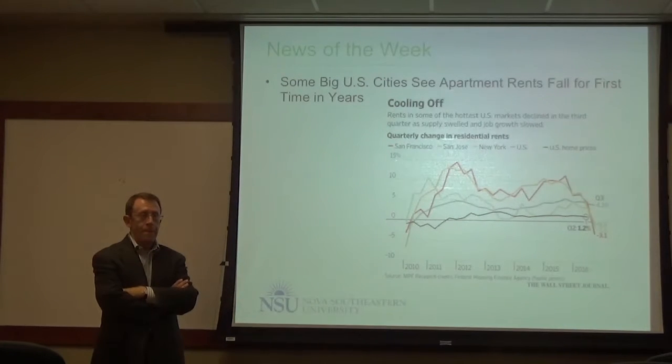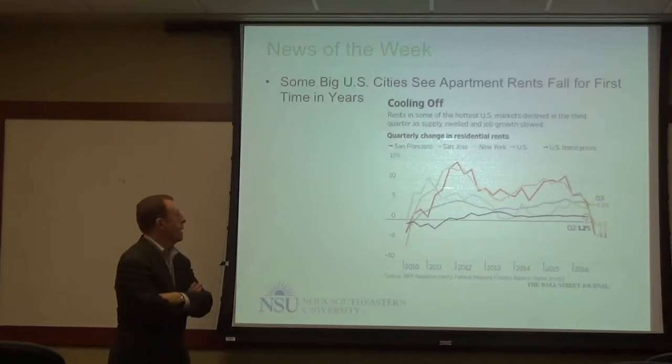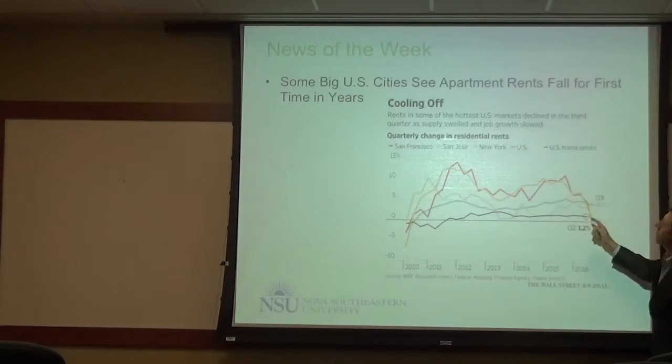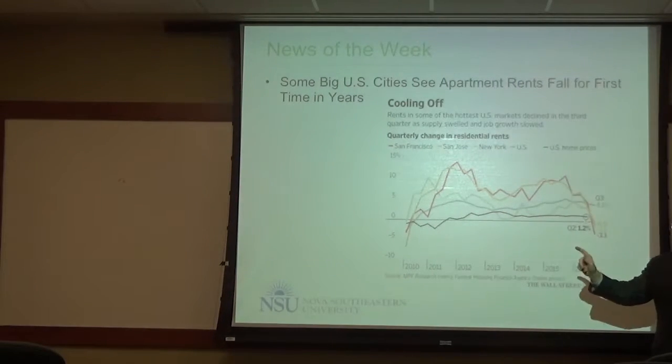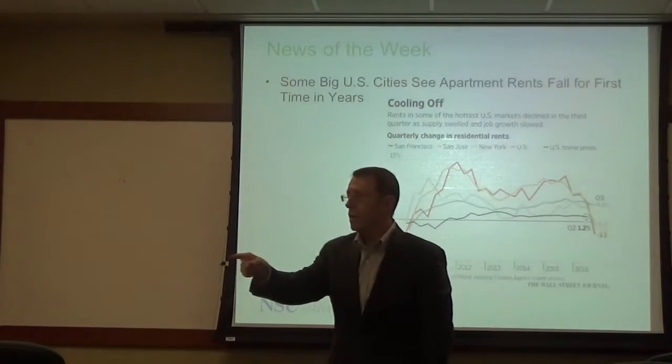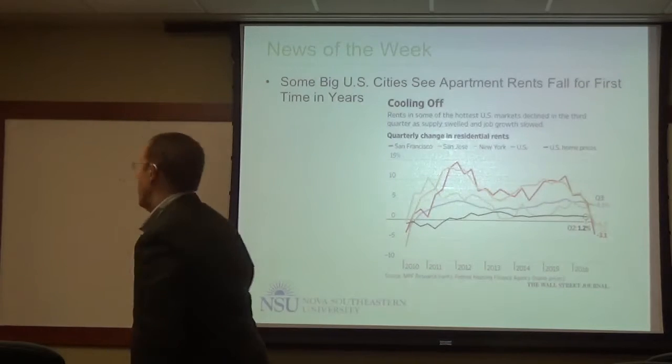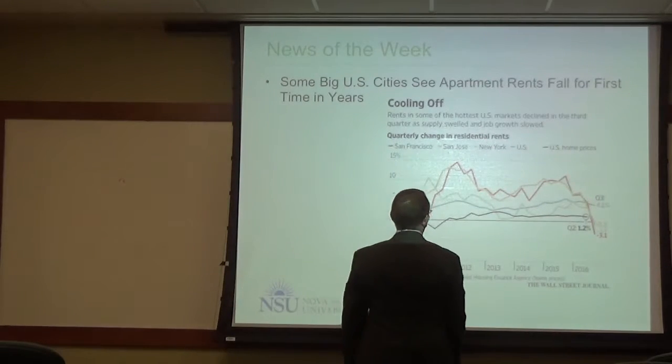It doesn't make sense because you're just looking at these 3 pretty big markets and you're mixing in the whole United States home prices. The first thing I want you to understand is even the Wall Street Journal, they think they're so smart. You're looking at the 3 hottest real estate markets comparing to the U.S. home prices, which is on the average.